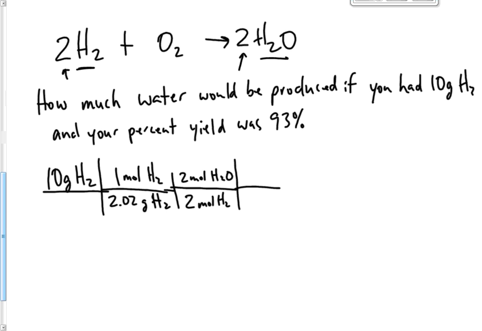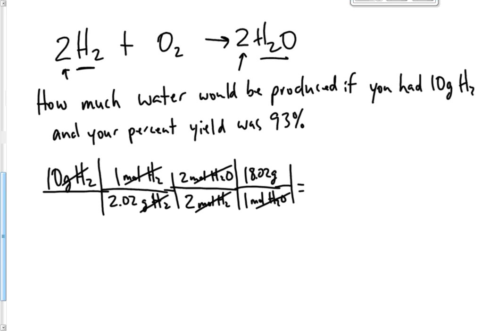Okay, and then we want our moles of water to divide out. So 1 mole of water, we're going to convert it into grams here, is equal to 18.02 grams of water. Okay, so our moles of water divide out, our moles of hydrogen divide out, our grams of hydrogen divide out, and we are left with grams of water.